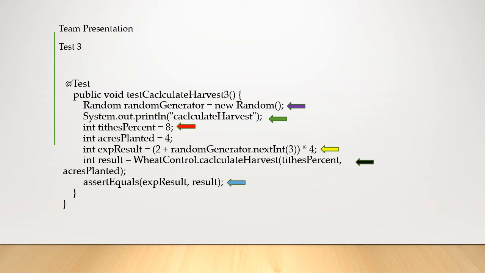And we go to assertEquals, and that also passes 2 more parameters, which are the expected result and result. When these 2 are run, it basically checks to see if the results match the expected result. If they match, then it will display the System.out.println with the message of calculate harvest.